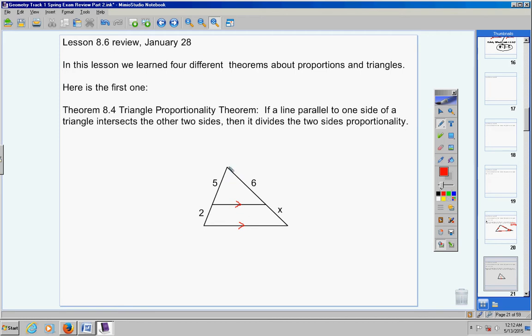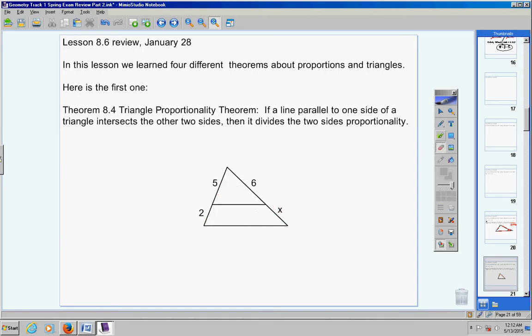I have a triangle right here, and inside that triangle, a line has been drawn that connects two sides of the triangle, or intersects two sides of the triangle, and it's parallel to this side here. So that means these two segments here, 5 and 2, are proportional to these two segments over here.